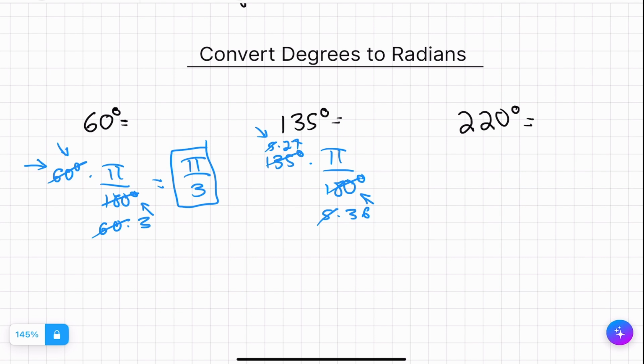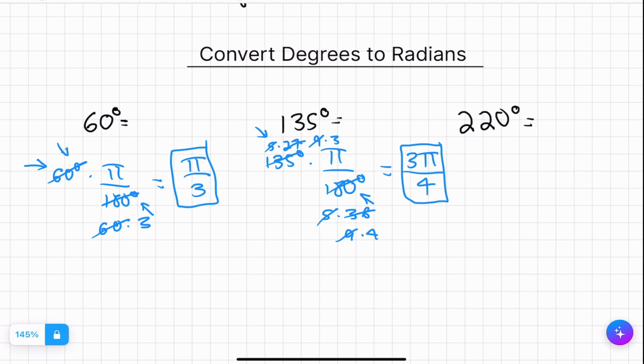We can go further because both 27 and 36 are divisible by 9. We can break 27 down into 9 and 3, and 36 into 9 times 4, and we can cancel these 9's. So now we're left with 3 pi over 4. And that's our final answer.